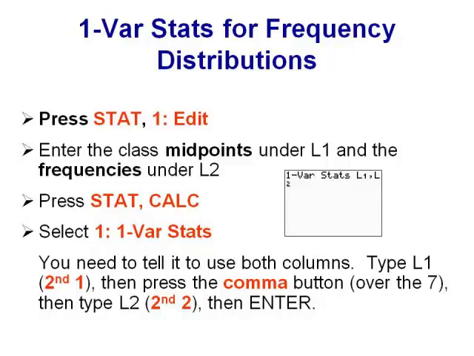Go back and run the one-var stats again, but this time you'll need to tell it that you don't just want it to do the first column, you want it to do both, and so you'll say L1, comma L2. So you'll type in the one-var stats, and before you hit enter, you'll type in L1, comma L2, and then hit enter.